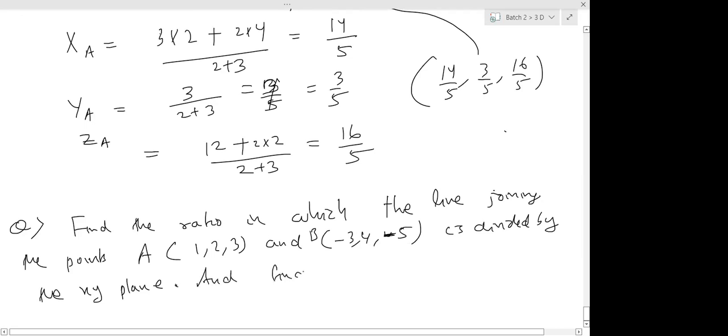And find the coordinate of the point of the division. How to solve this question?